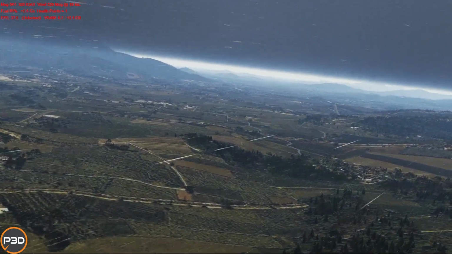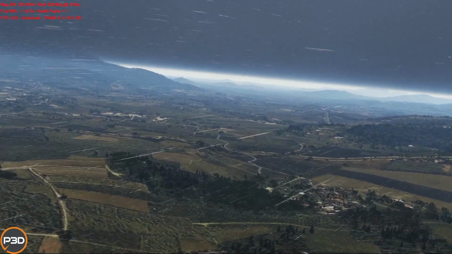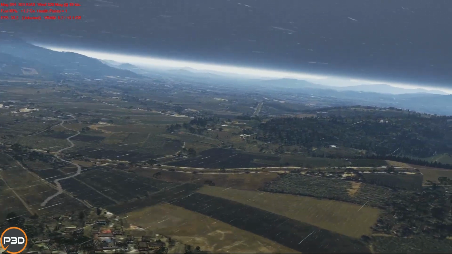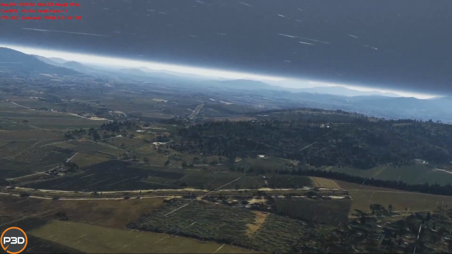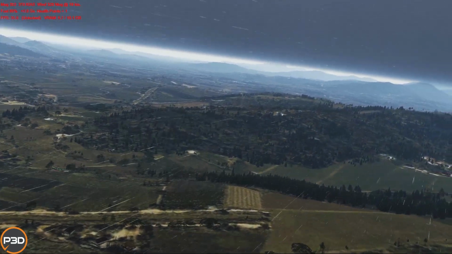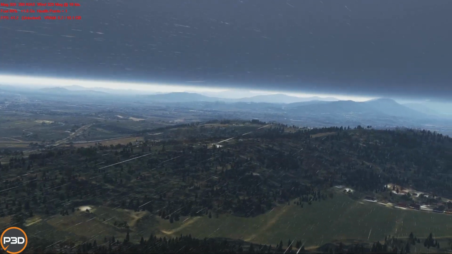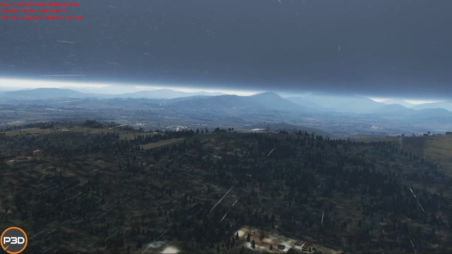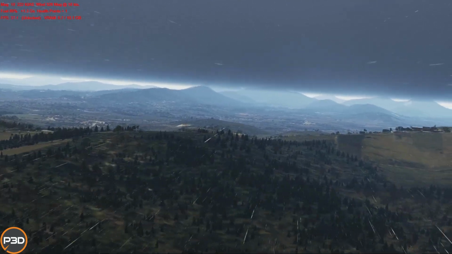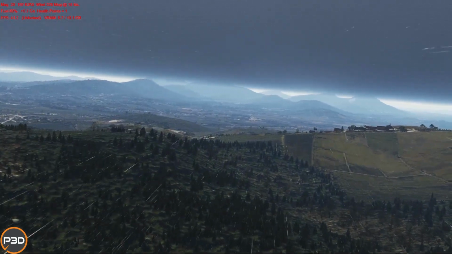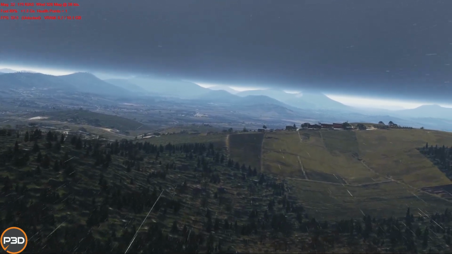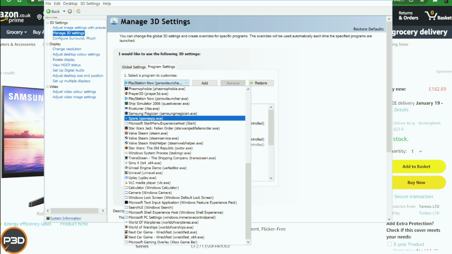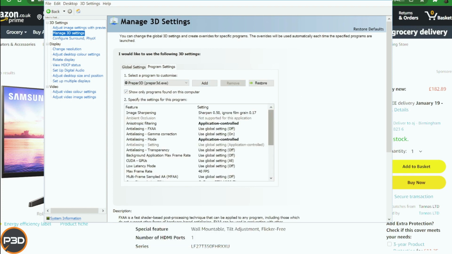So in the back end of my sim, what I tend to do is choose the half frame rate option and let the GPU lock my frame rate to 30, and all's good. Now at the end of the day, it's not actually that true in the sim. Now if we look at P3D in my program settings here, you'll see that I don't actually set it up that way.